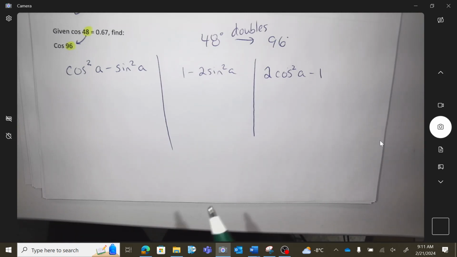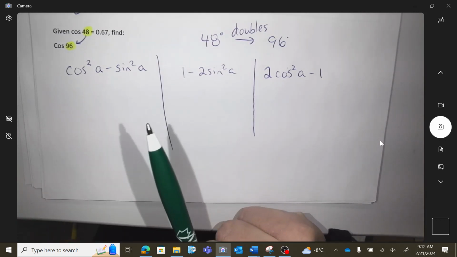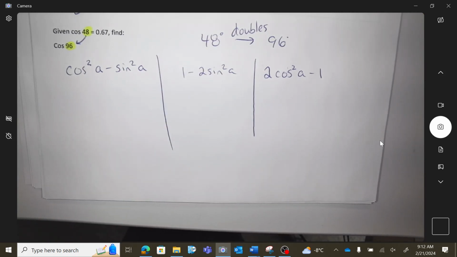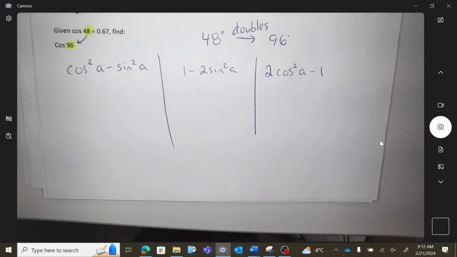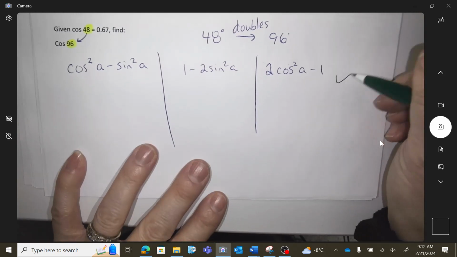Okay, there's 3 options for formulas. You have to use one of these. The other 2 you can't use. So which one of these 3 options on my formula sheet do I use because of the given information? The third one. Yep.